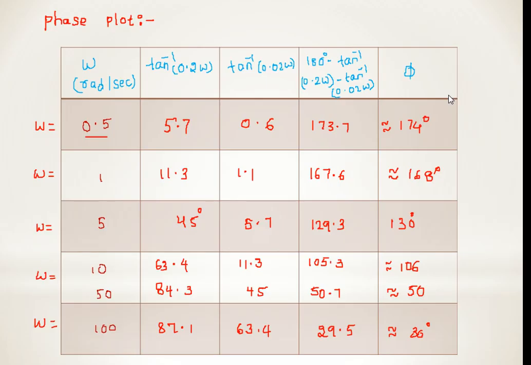Now when omega equal to 0.5, the phase is 174 degrees.